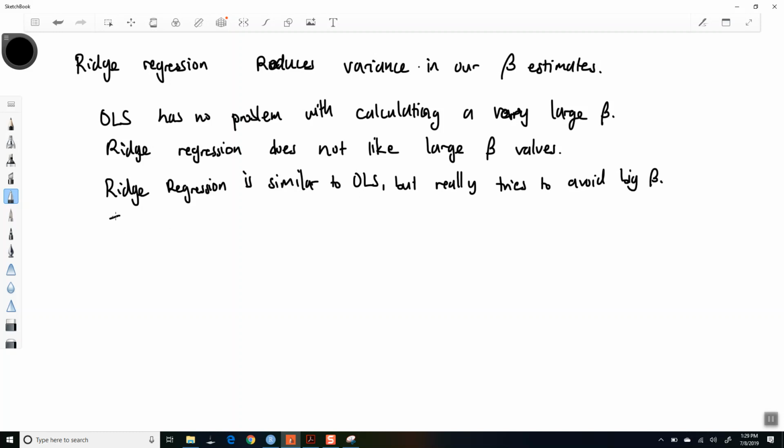Okay, so this effectively reduces the variance in our beta estimates, okay, at the cost of introducing bias.